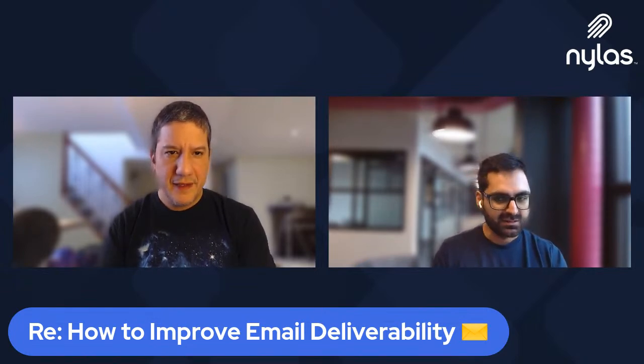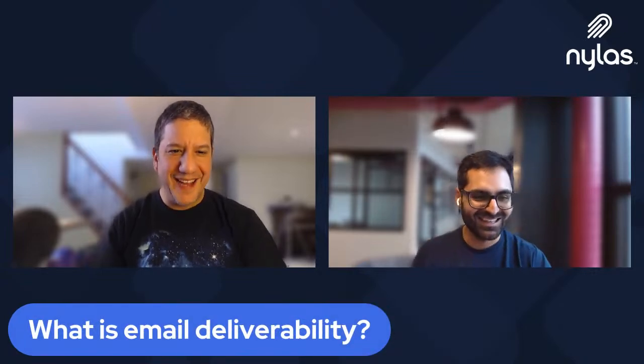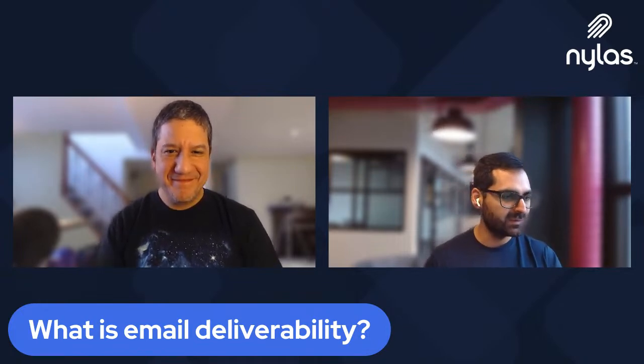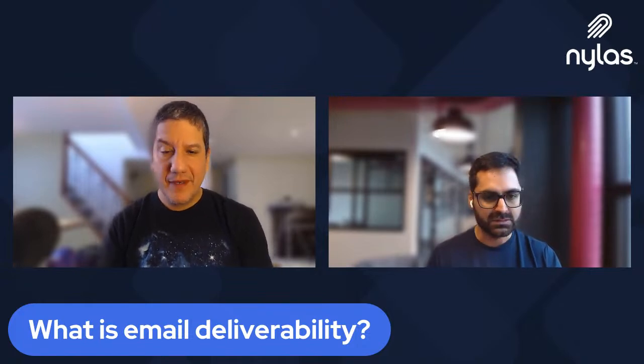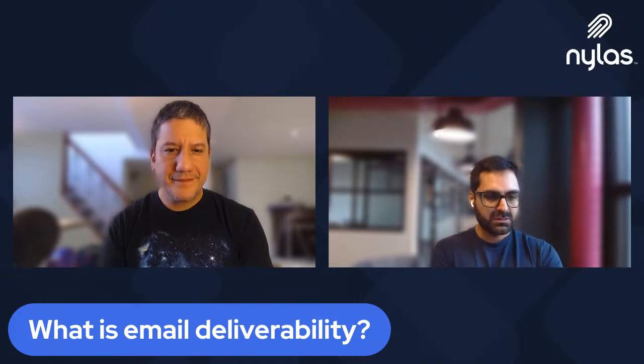Awesome. So the first thing is, I know, Blake, we were talking earlier about how to pronounce this email deliverability. And the first question is, what is email deliverability? What does it mean? And why is it important to me? Email deliverability is a measure of emails that actually reach your users.